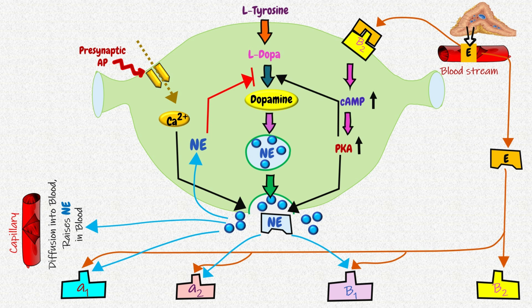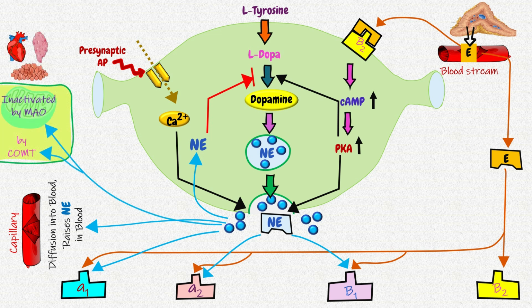Deactivation of norepinephrine in the synaptic cleft takes place by diffusion of norepinephrine from the synaptic cleft into the blood. Secondly, extraneuronal norepinephrine uptake and subsequent intracellular degradation of norepinephrine by catecholamine O-methyltransferase and monoamine oxidase. Thirdly, active reuptake of norepinephrine, which is 70%, by the presynaptic neuron terminal.